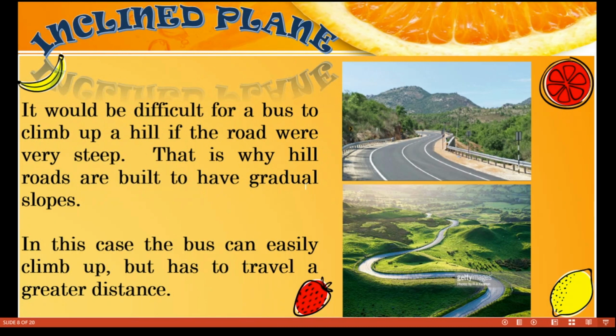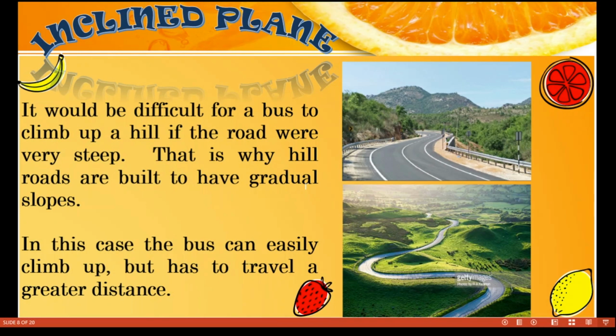Now take a look at this picture. What is this? Yes, it's very similar to the roads on a mountain. Mountain roads have a lot of curves like this. It would be very difficult for a bus to climb up a hill if the road were very steep. To reach this altitude from this point, if the road were very steep, it would be very difficult to move the vehicle to the top of the hill.